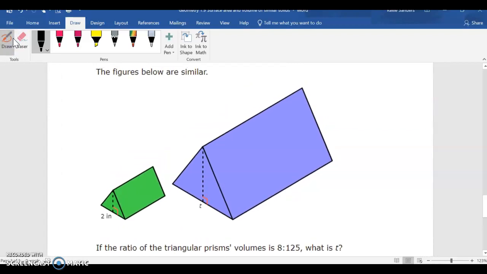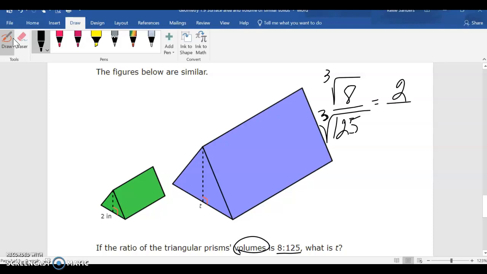The ratio of the prism's volumes is 8 to 125. 8 to 125, and that is already the volume. So we are going to cube root both of these, because that's what undoes cubing, is cube rooting. And what times what times what gives you 8? 2. What times what times what will give you 125? 5.